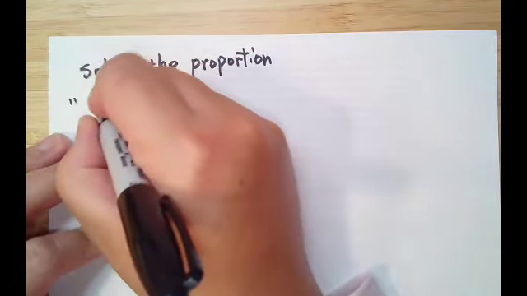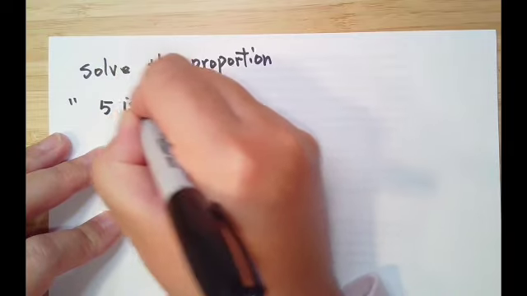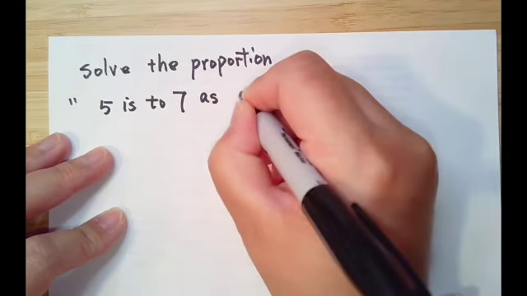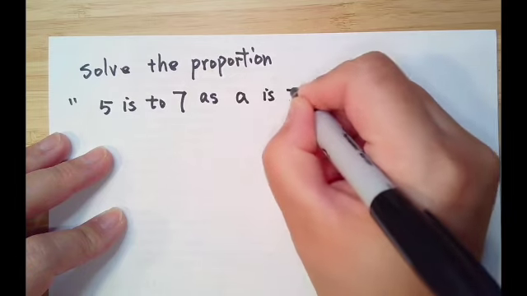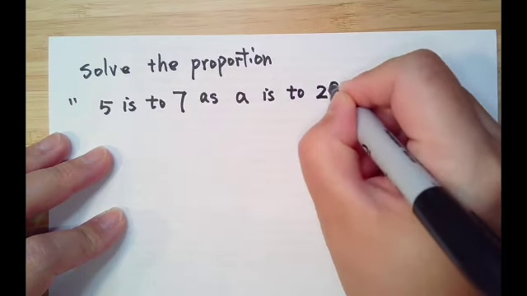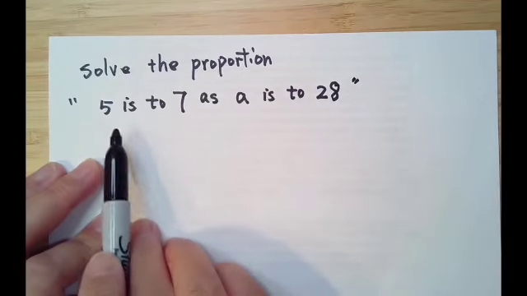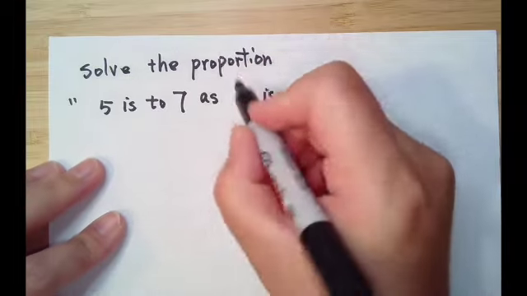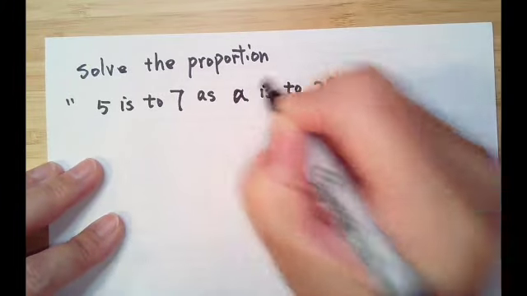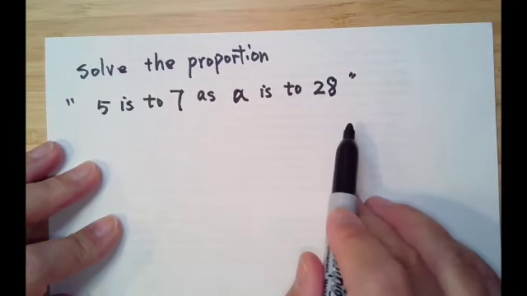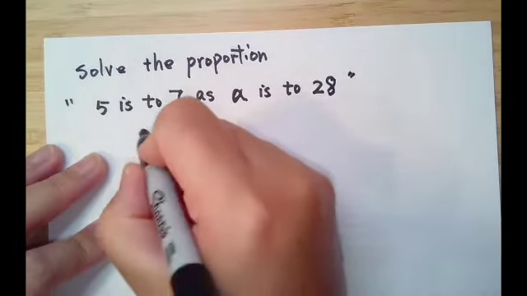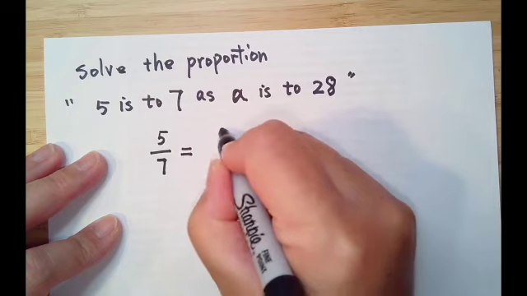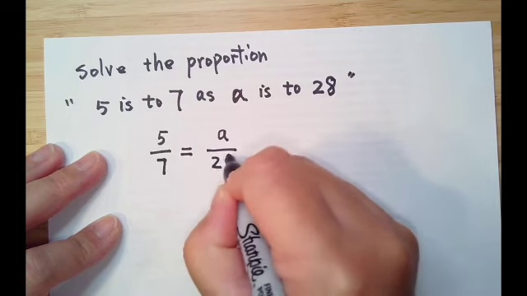What I'm saying is 5 is to 7 as a is to 28. So how do you write that? You write 5 over 7 equals a over 28.